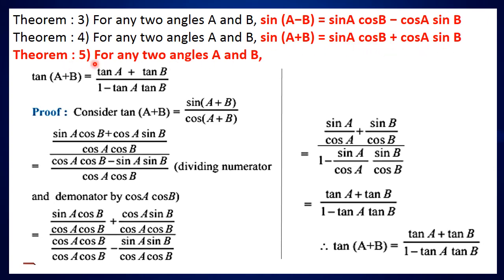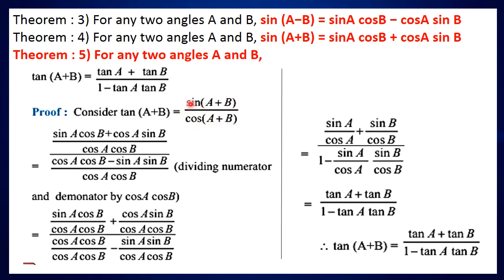Now theorem 5: for any two angles A and B, tan(A plus B) is equal to tan A plus tan B upon 1 minus tan A tan B. Consider tan(A plus B) as sin(A plus B) upon cos(A plus B).